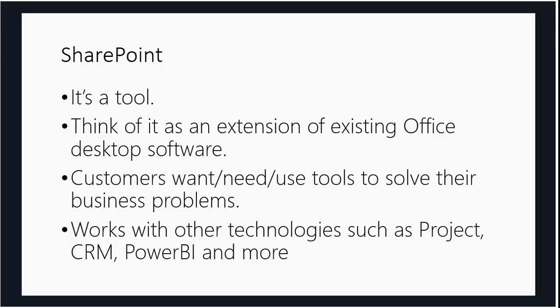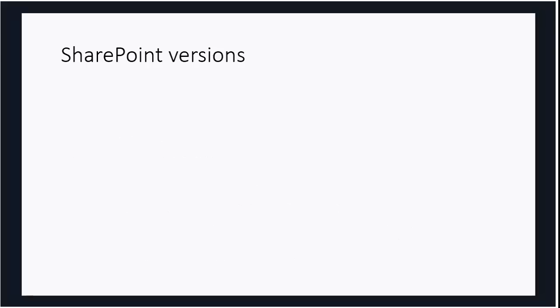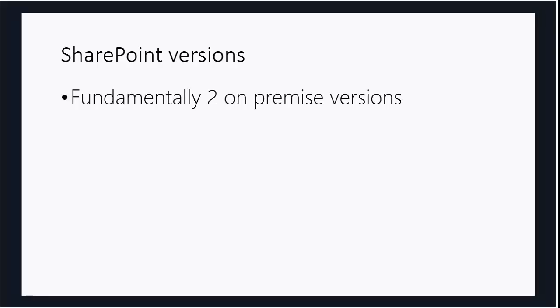So SharePoint is a critical technology that has been around since before the year 2000. So it's not a new technology, and now it's becoming more and more dependent that it's being used with cloud-based systems like Office 365. So let's dive in and just clarify some of the different versions of SharePoint. Now, there are fundamentally two on-premise versions which many people are probably familiar with.